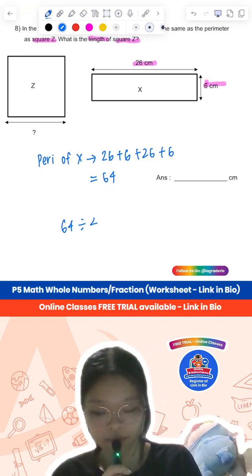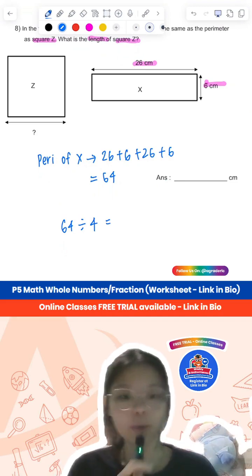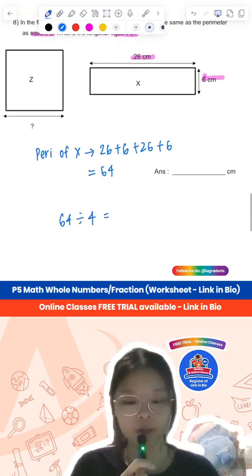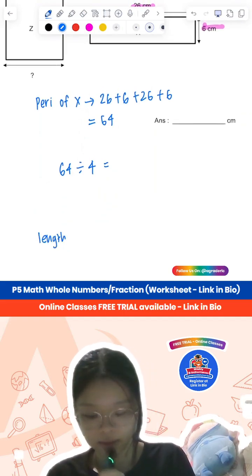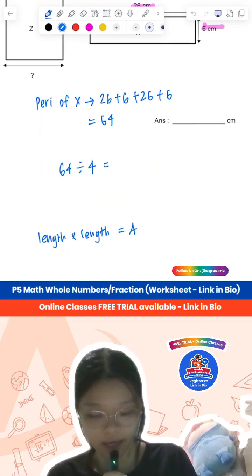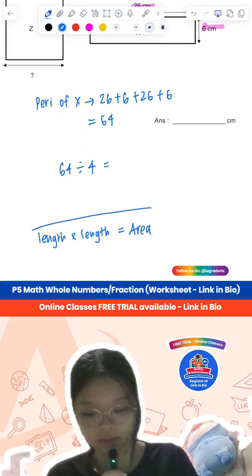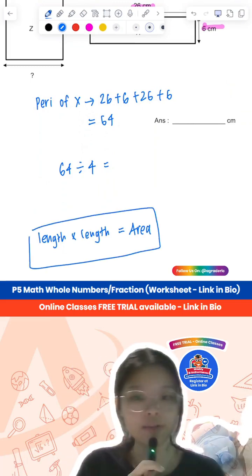I divide by 4 instead. Okay, not square root. Square root is when you are doing area. Okay, length times length gives you area.